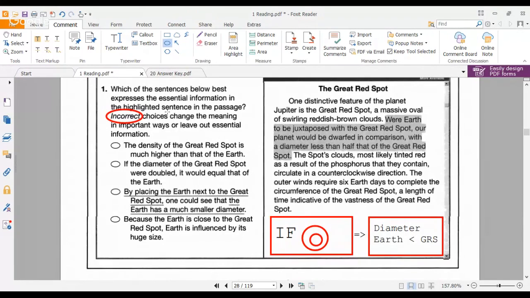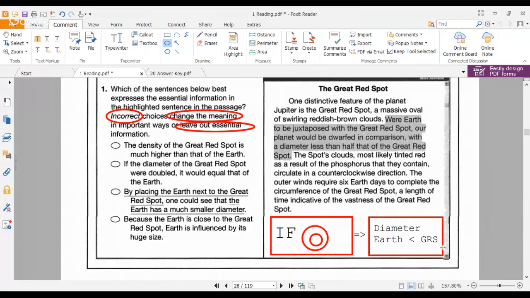There are two options. It either changes the meaning in important ways, so something should change in this drawing we have. Or another possibility for incorrect choices is that some of the options might just leave out some essential important information. So some of the information which we have in the diagram may be just missing.